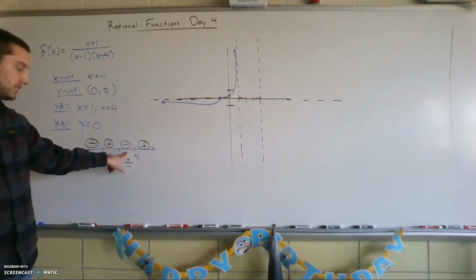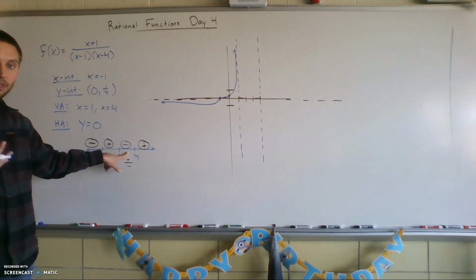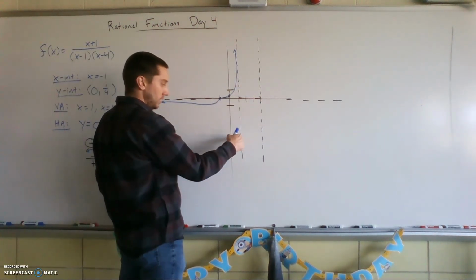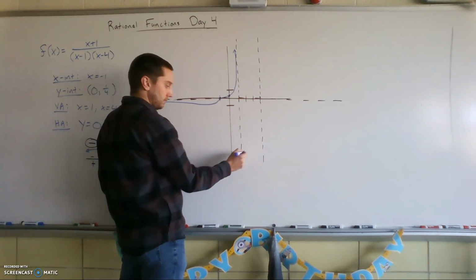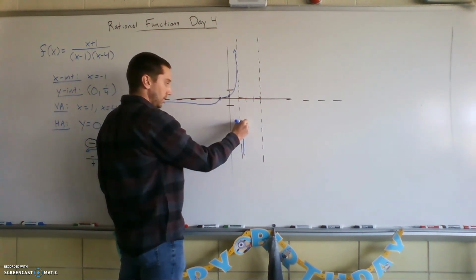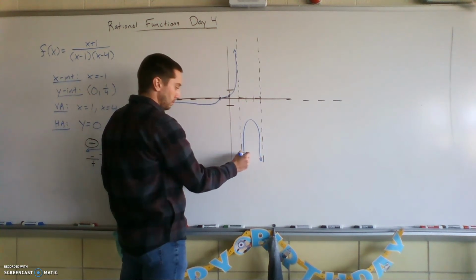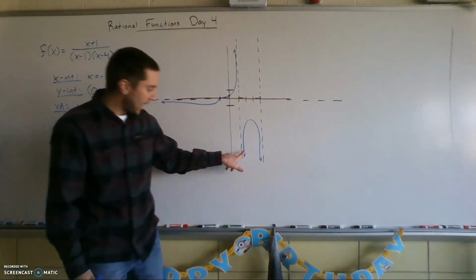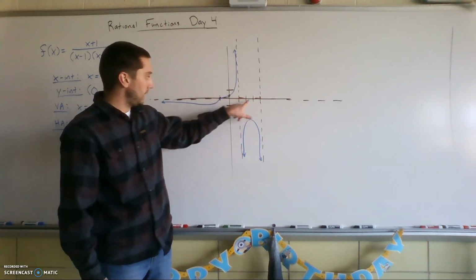In between 1 and 4, my graph is negative, but it has to hug both asymptotes. Okay, so there's no x-intercepts in here, but it has to hug this vertical asymptote and this vertical asymptote. So we're going to get some sort of little parabola-looking guy in between 1 and 4.